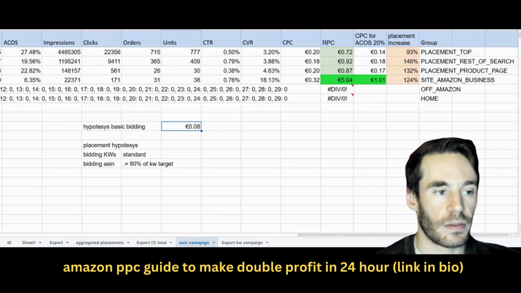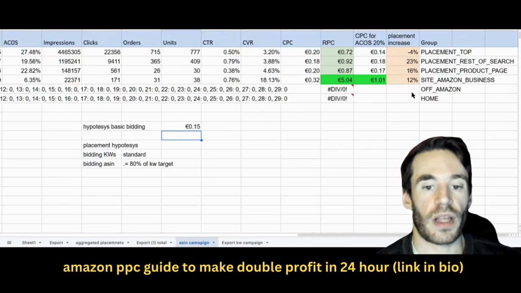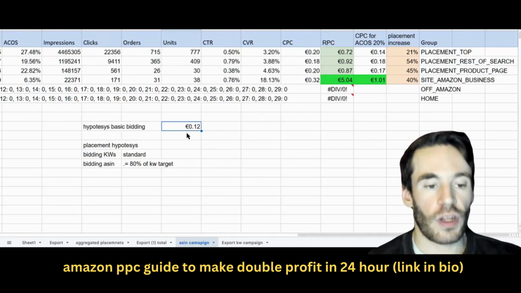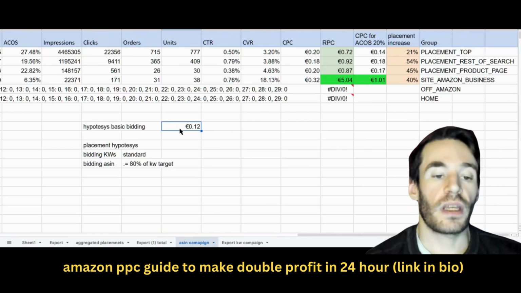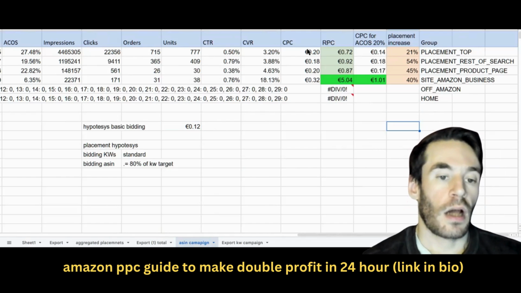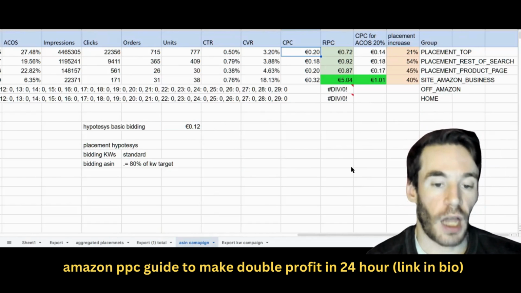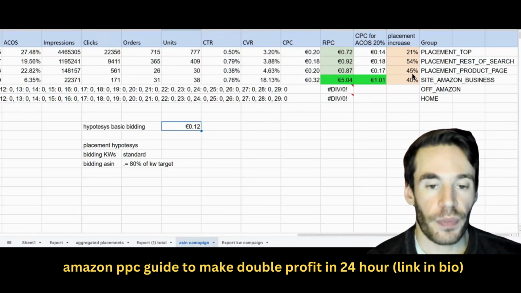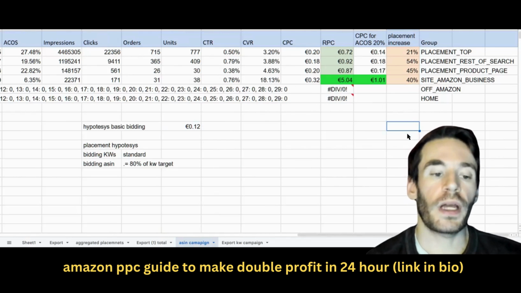If we select higher bidding, this is the placement that we have. And you cannot have a -4. So the point I want to make is you need to find the perfect relationship between the bidding hypothesis that you select when you set up campaigns. And that depends on the cost per click that you can afford and how you want to set up. My suggestion is keep the bidding lower and keep the placement higher, because you cannot decrease the placement under 0. And this is the distribution.